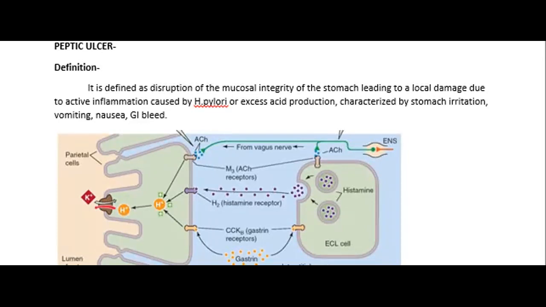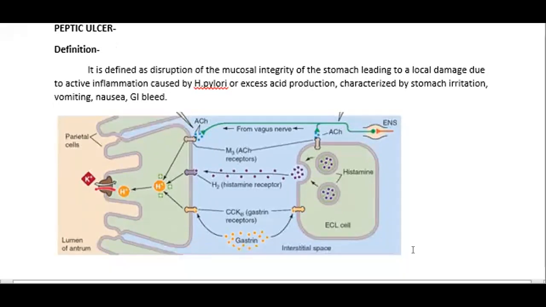In the direct pathway, acetylcholine, gastrin, and histamine stimulate the parietal cells, triggering the secretion of H plus into the lumen. These are the parietal cells here, and this is the ECL, which is nothing but the enterochromaffin-like cells.